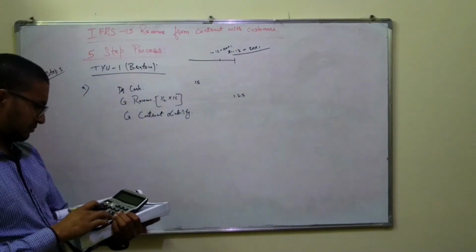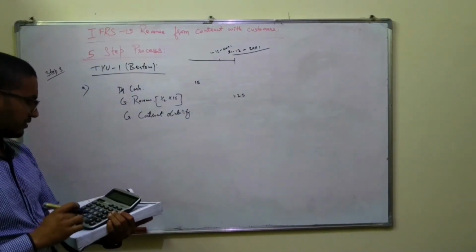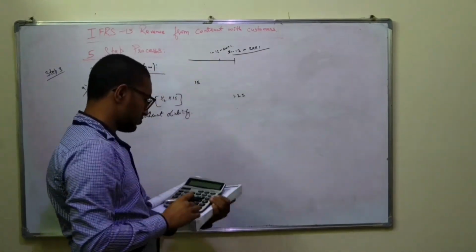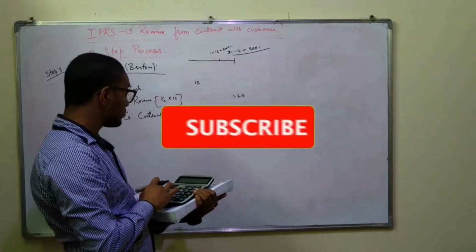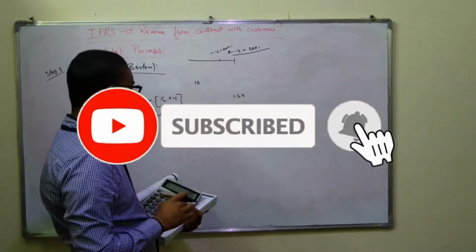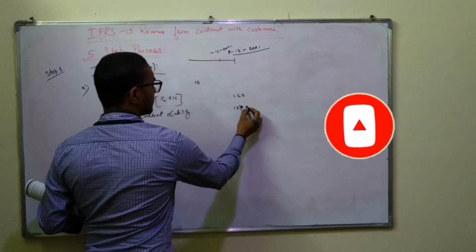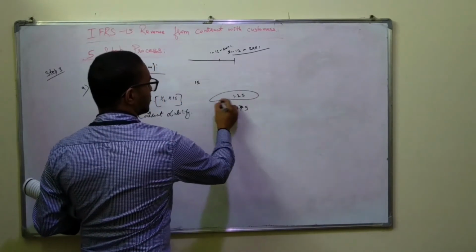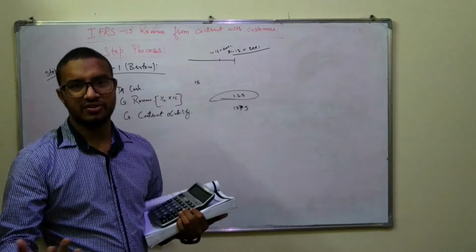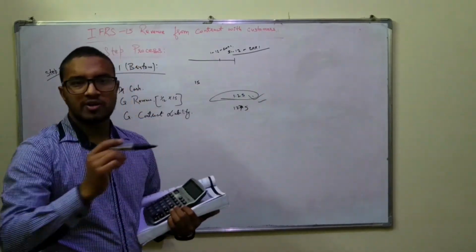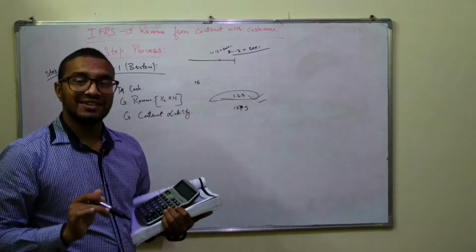So 15 minus 1.25 leaves 13.75 million as contract liability. The question has only asked which revenue you need to recognize, so we will recognize 1.25 million as the revenue.